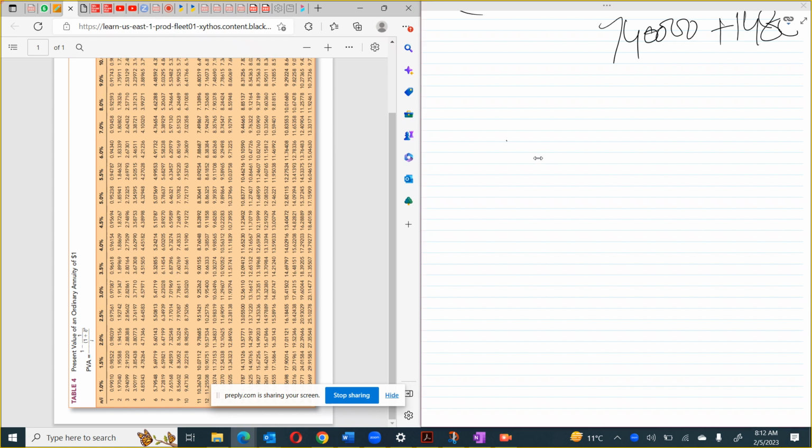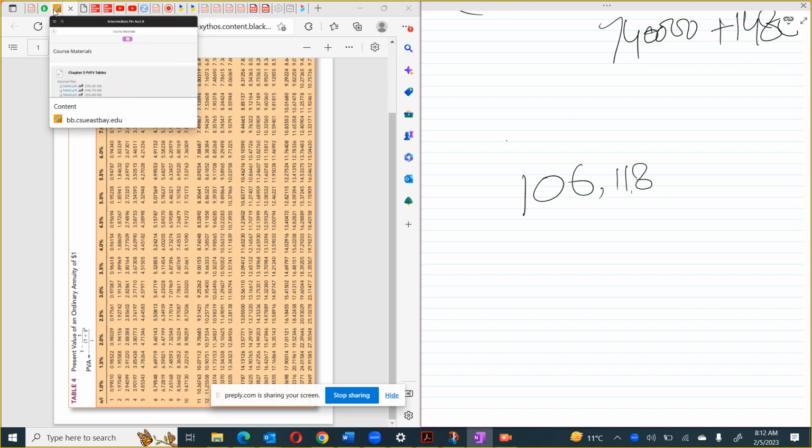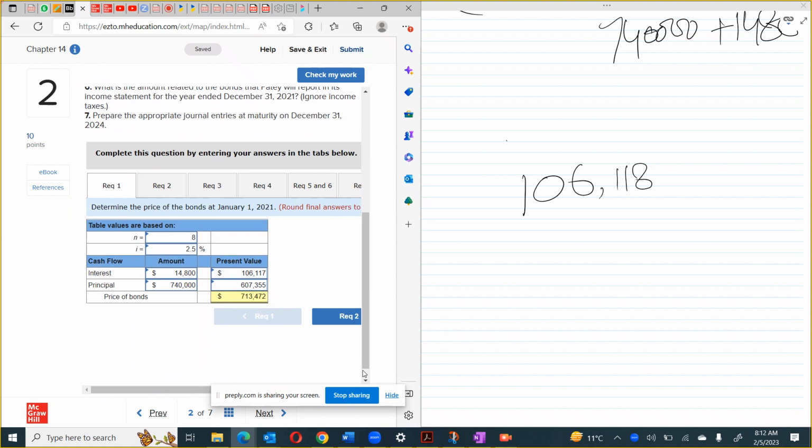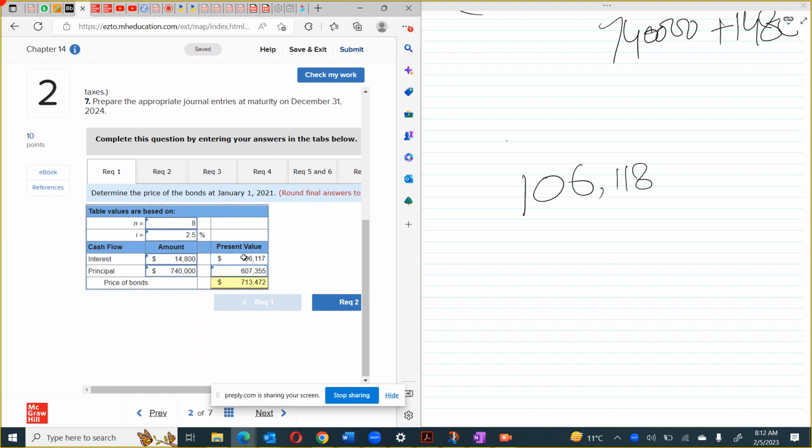Okay, so it is 106,118. Let me see whether 118 works or not. Then I will tell you whether you have to use your table or not. 106,118.